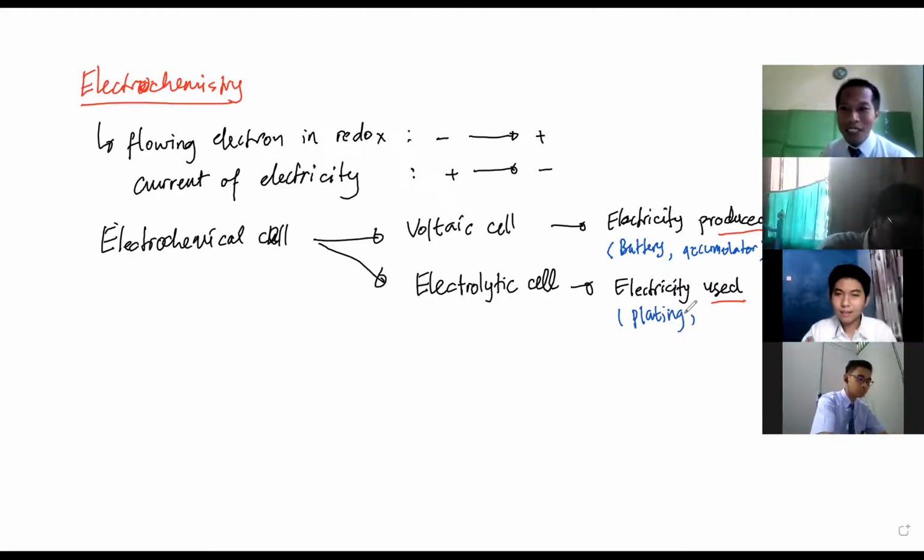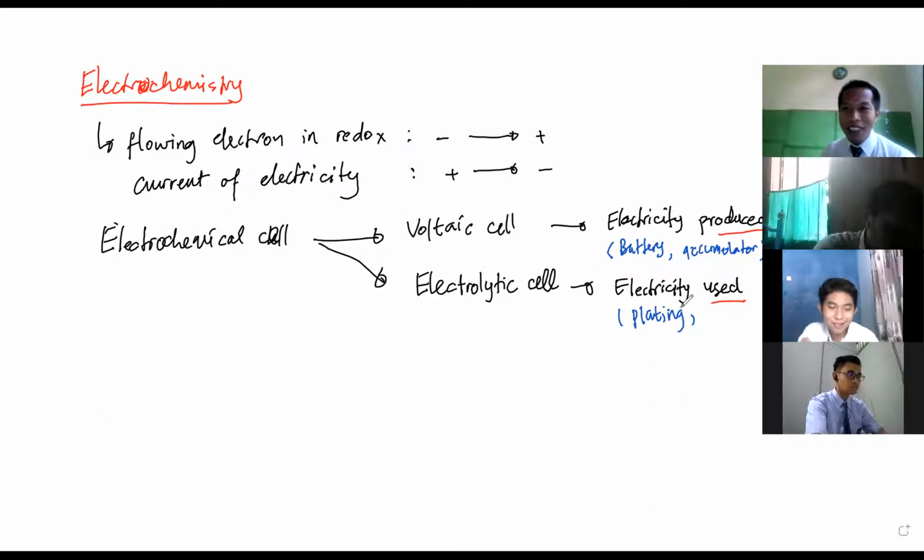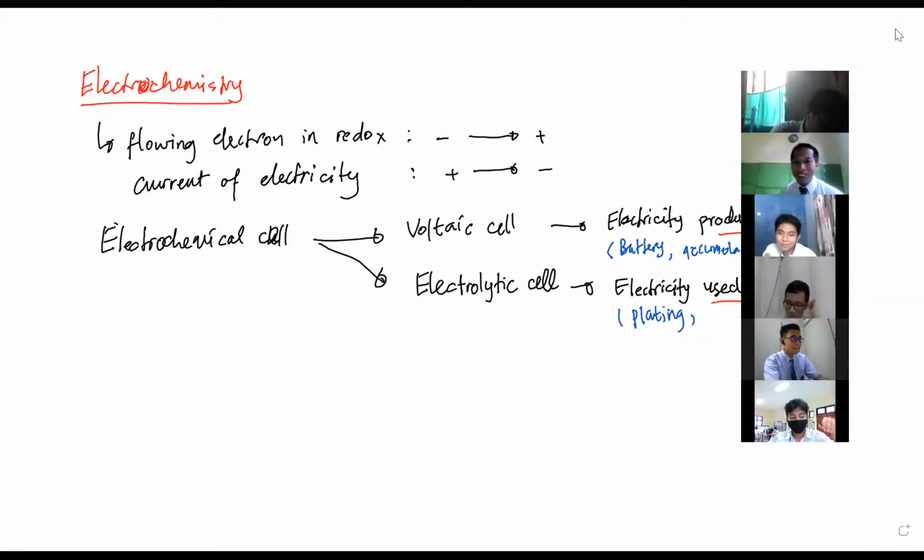Penyepuhan emas, penyepuhan perak. Have you heard about that? Gold plating, silver plating.